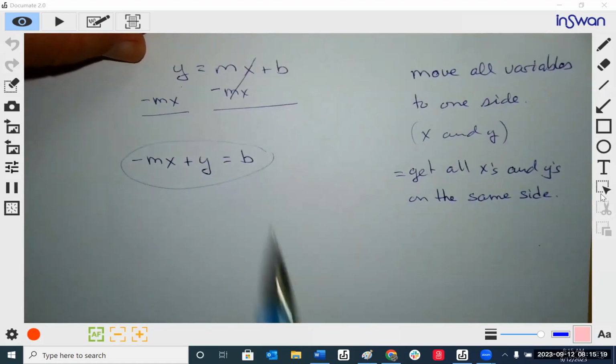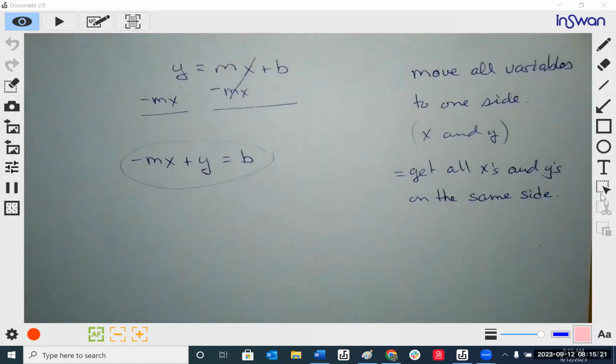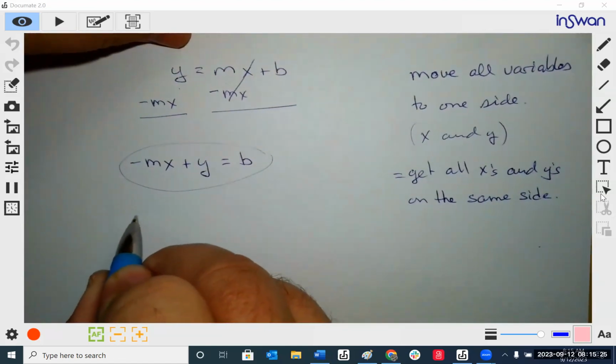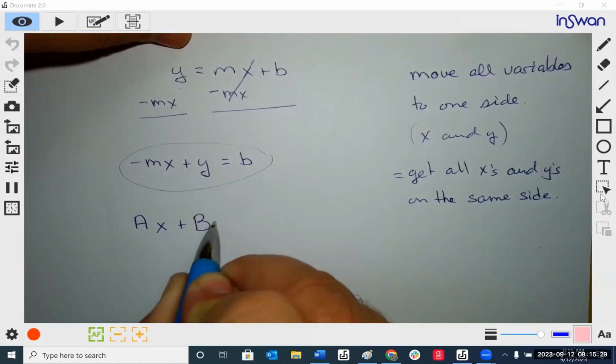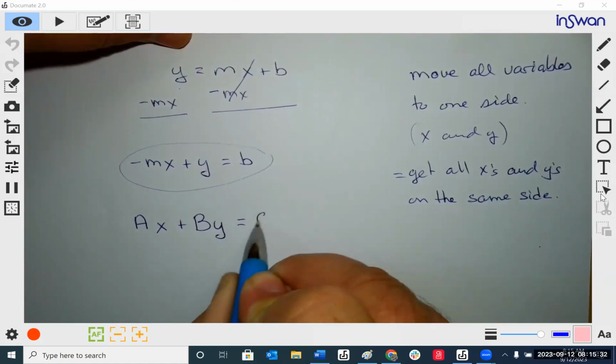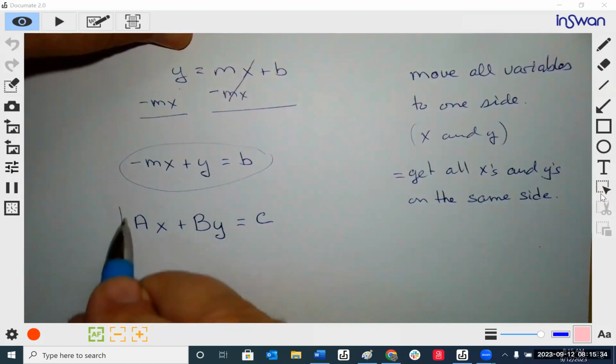This is a rough form of what we call the standard form. There is the standard form.